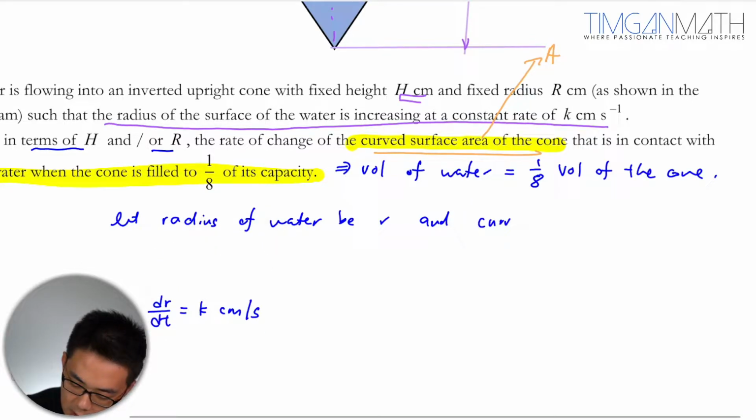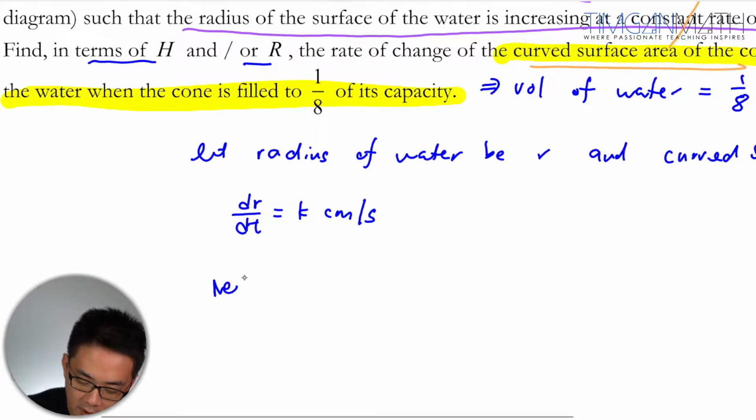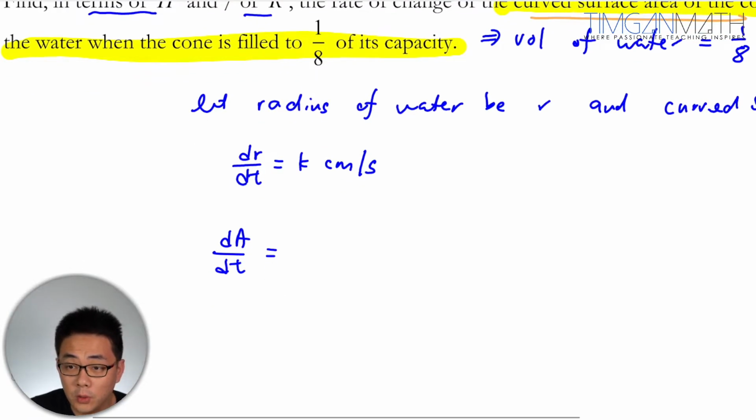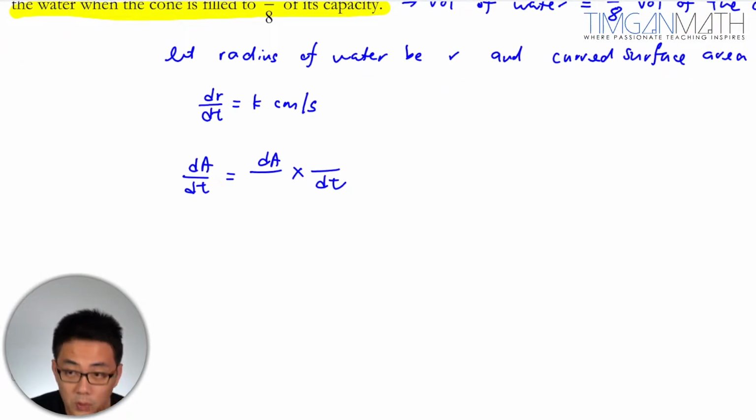So what you need to find is dA/dt. The first thing you should do is use the chain rule, straight up chain rule. Always do this. We put dA/dt equals to something times something. Now this is not a typo, so you just do this first.